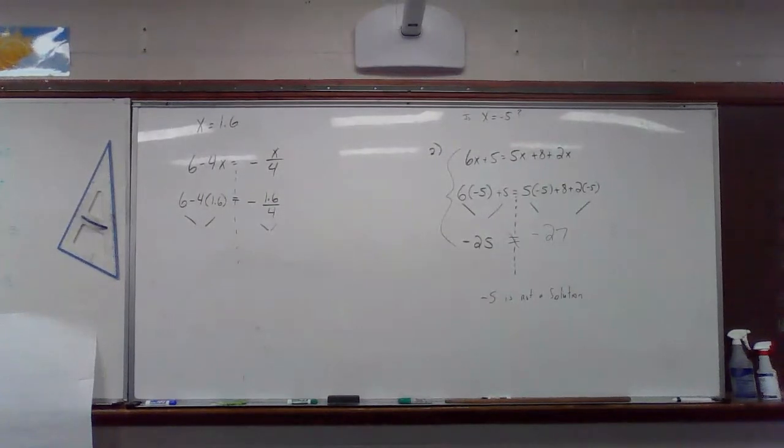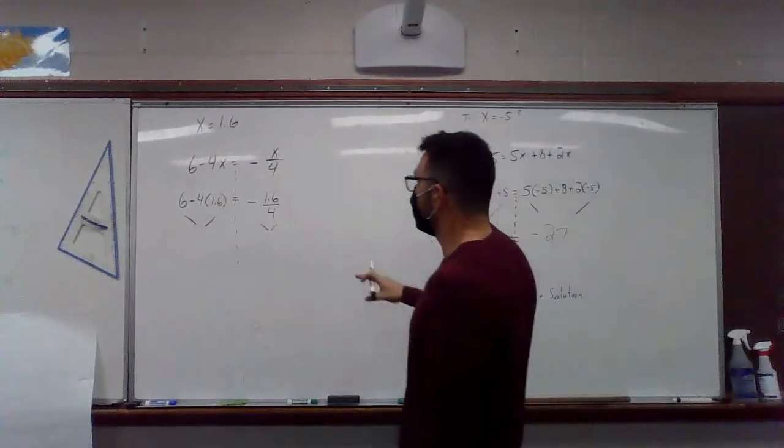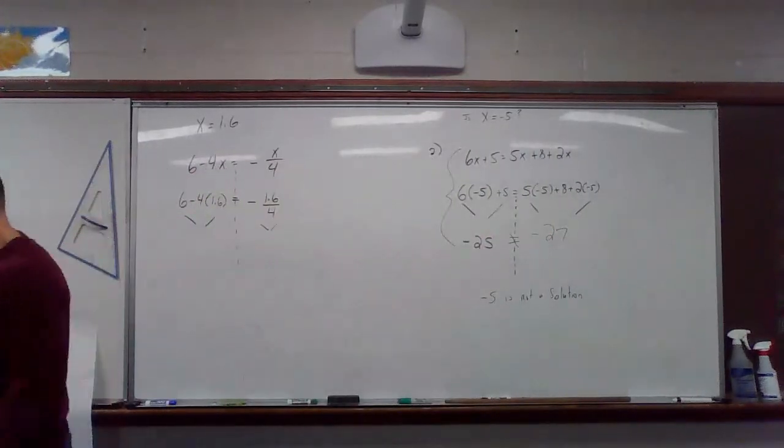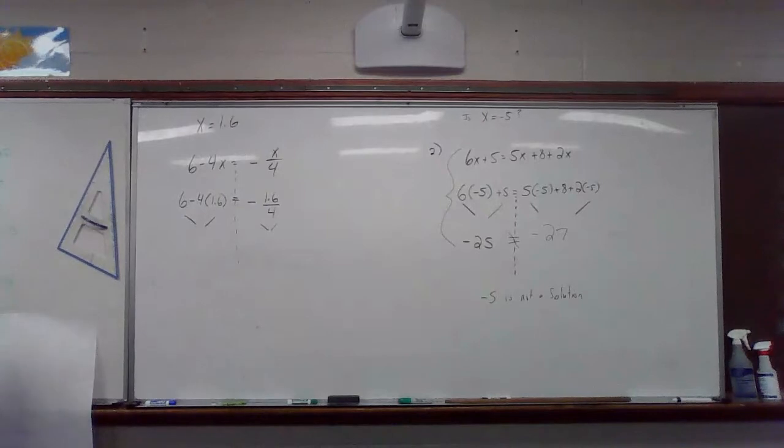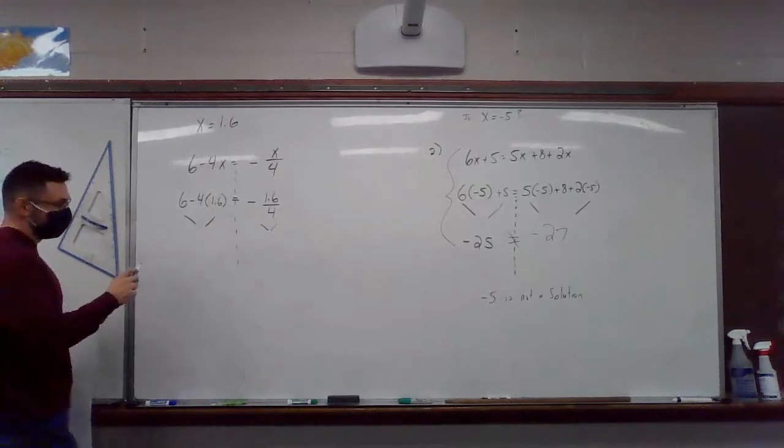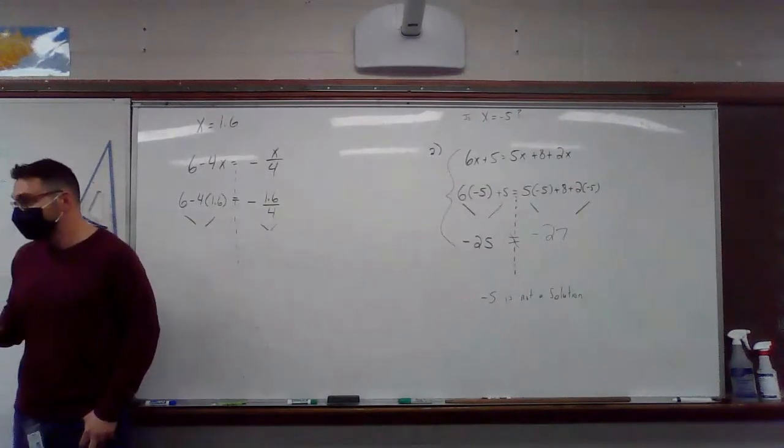Okay. So is there anybody who's confused about the substitution process? Allison, what'd you get for the left-hand side? Negative 0.4. Negative 4/10.